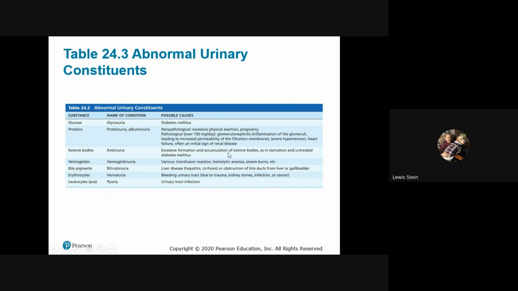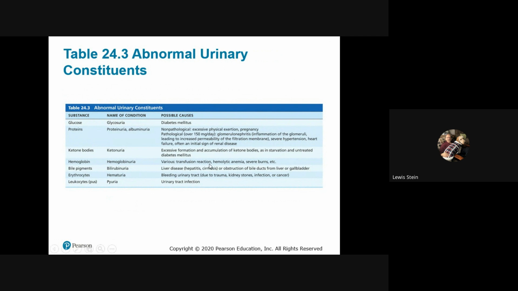Ketones, okay? Starvation, untreated diabetes would generate ketosis, which is a big problem. Ketone bodies slam into each other, cause trans fats that are nasty. Or if you're doing what I'm doing now on a ketosis diet, a keto diet, you want that, but you want to be able to get it out.